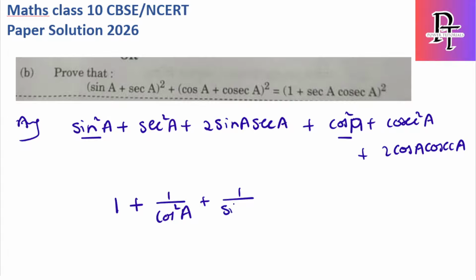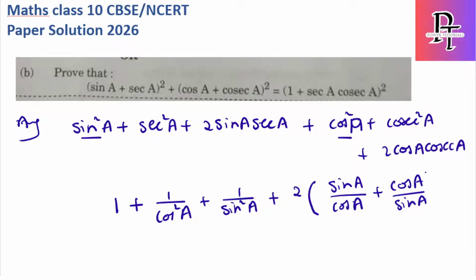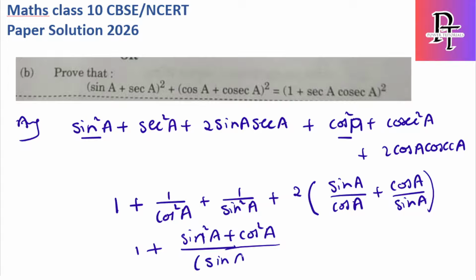plus if I take 2 as common, I can write this as sin a by cos a plus cos a by sin a, because secant is 1 by cos and cosecant is nothing but 1 by sin. Okay, so if I take LCM, I will get 1 by sin square a cos square a. For your convenience I will write this step as well. So this I will write as 1 by sin a cos a whole square.